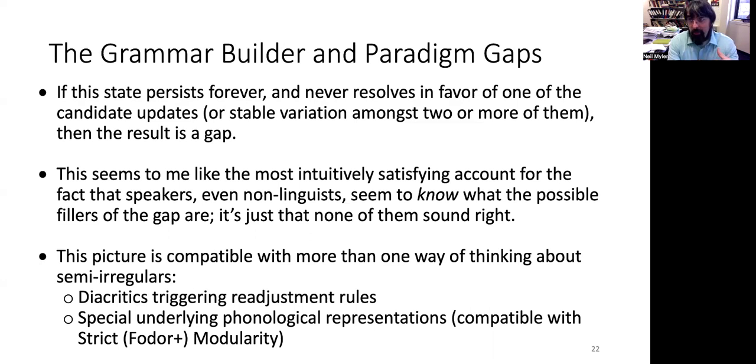And that accounts for the fact, as all accounts of this domain must, that paradigm gaps emerge in parts of paradigms where irregularity is found, right?